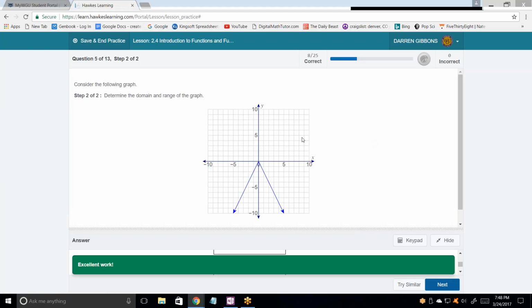But you can always figure out domain and range by looking at the graph. You don't have to do any math at all. It's just a question of, for domain, looking at the graph horizontally, and for range, looking at the graph vertically.